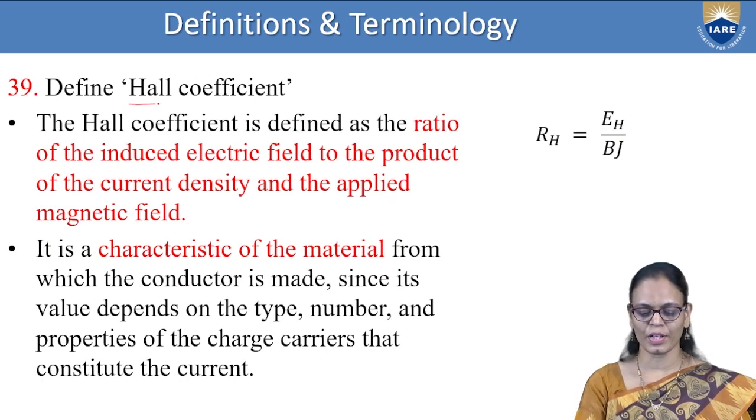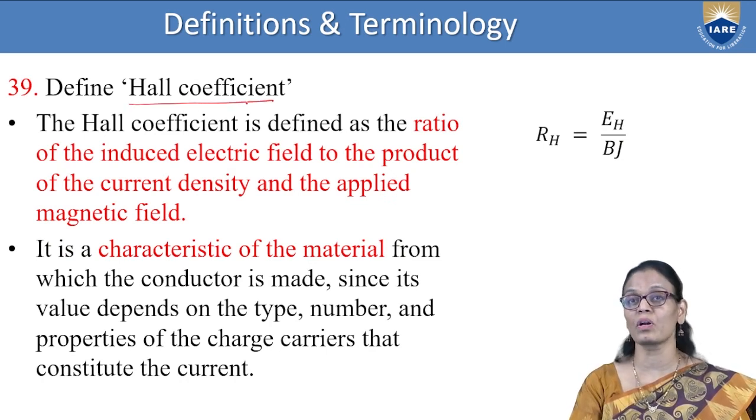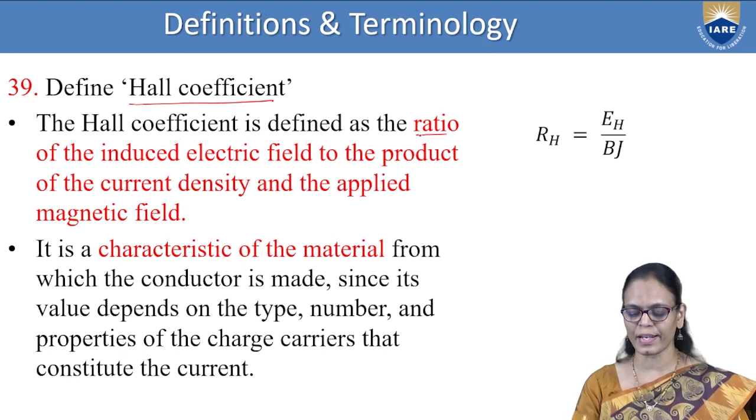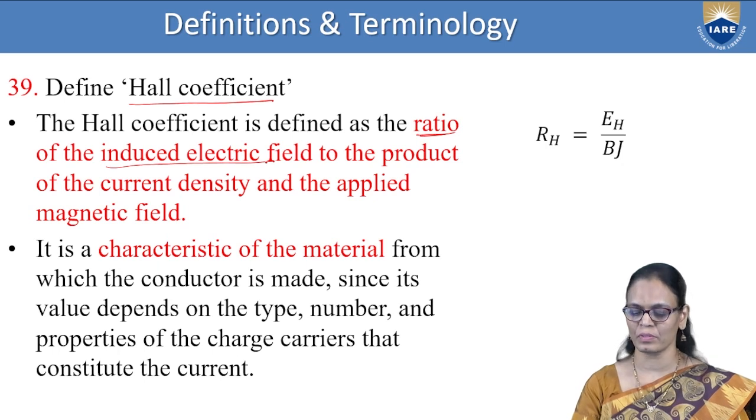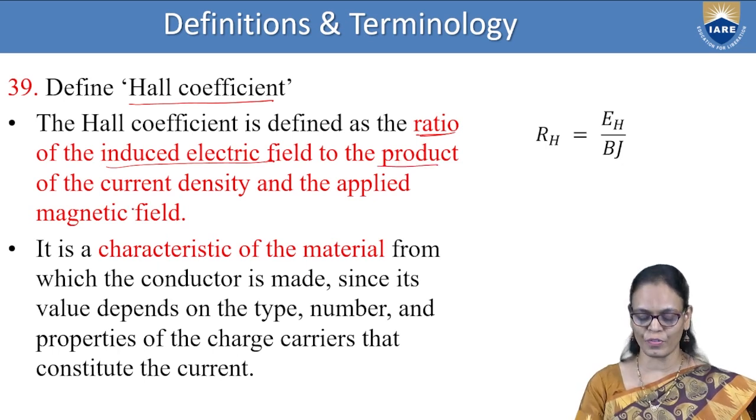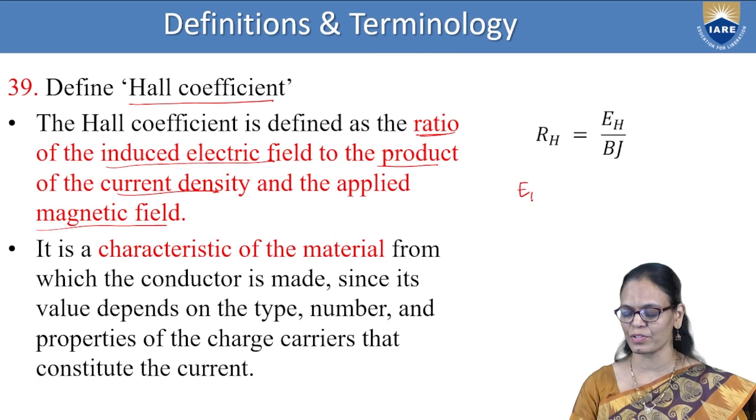9. What is Hall coefficient? Define Hall coefficient. Hall coefficient is defined as the ratio of induced electric field to the product of current density and applied magnetic field. So we denote the induced electric field by EH.